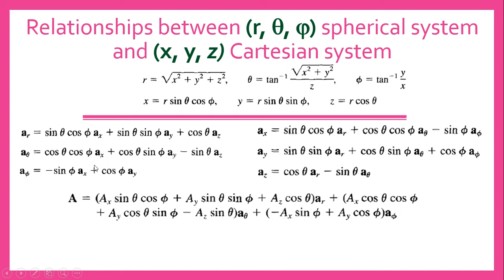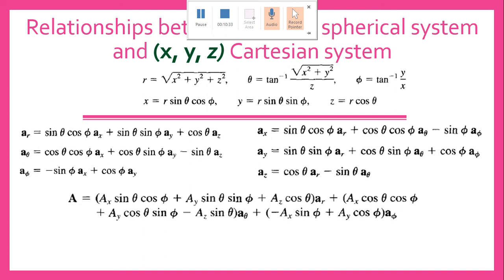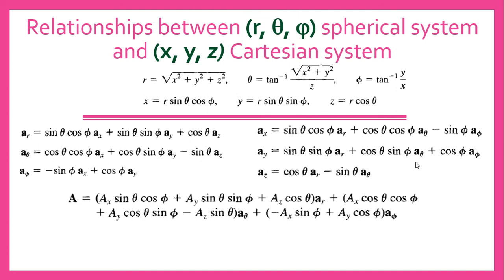You can transform the unit vectors also. So if you know the sin theta cos phi ax, you can find out the AR, A theta, A phi, which are the components of the spherical coordinates. If you know the spherical coordinate components, we can find out easily the Cartesian coordinate components.